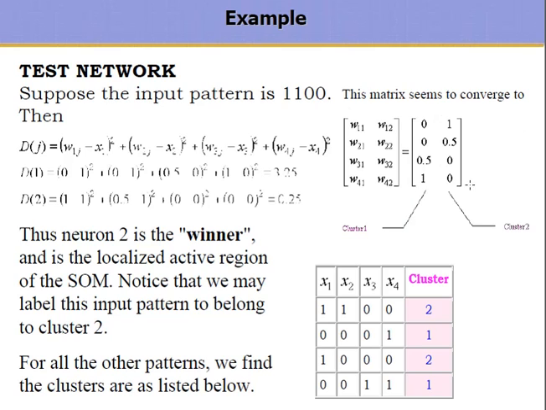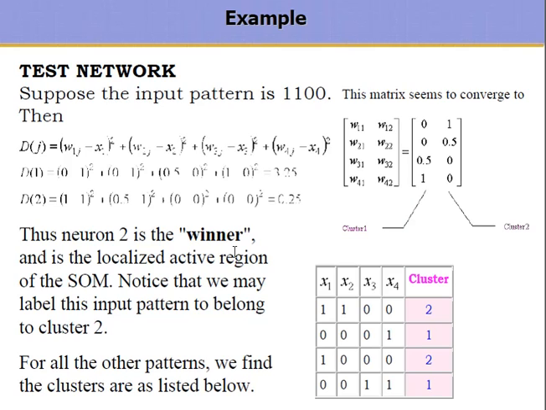We use the weight matrix which we have achieved after 100 iterations, and compute the Euclidean distance of the input pattern with both of the resultant weight vectors. When you compute all these distances, you will see that neuron 2 is the winning neuron here and is the localized active region of the SOM. Notice that we may label this input pattern to belong to cluster 2.